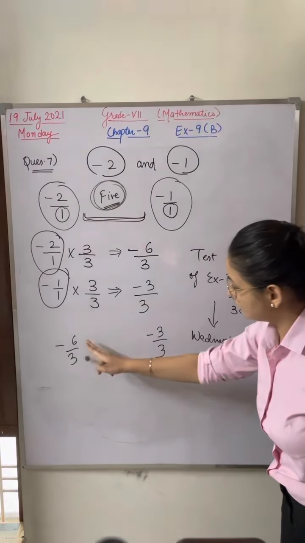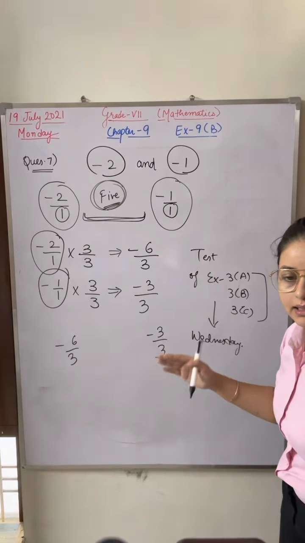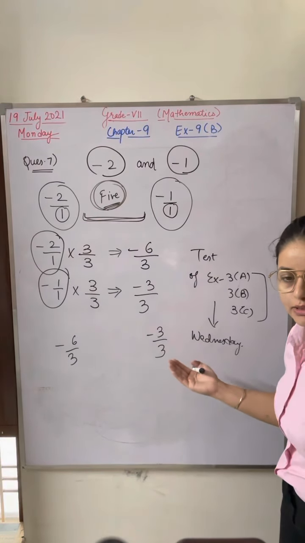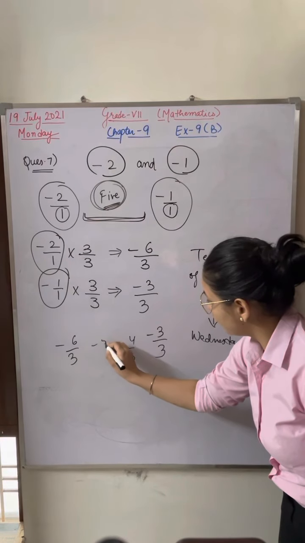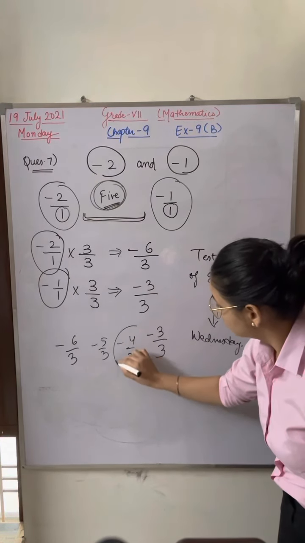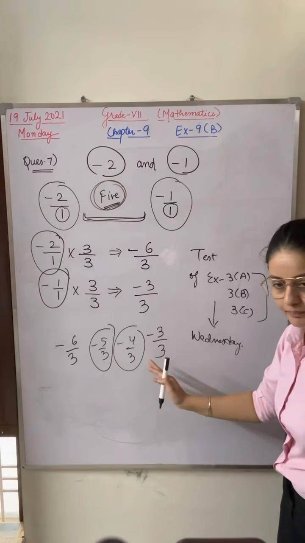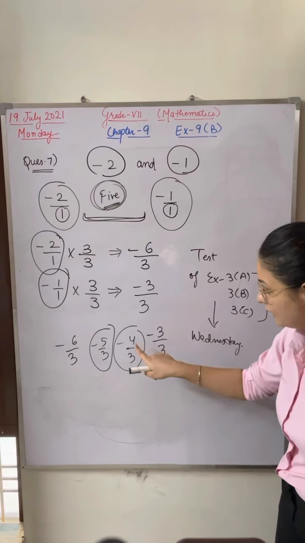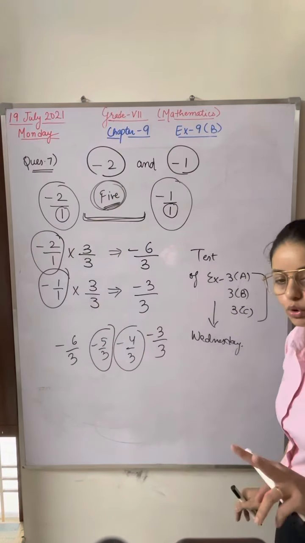In between -6 upon 3 and -3 upon 3, how many rational numbers can we insert? Only -4 upon 3 and -5 upon 3. That's it. After -3 comes -4, then -5, and up to -6. So only 2 we can insert.